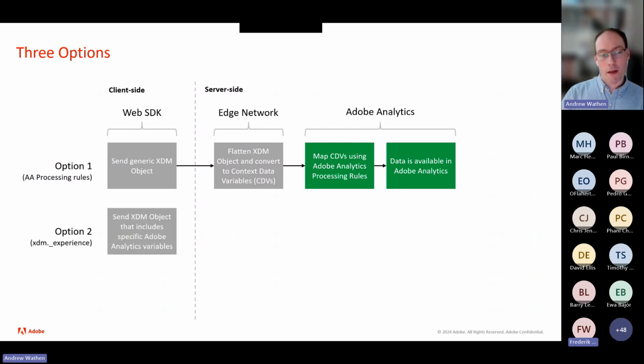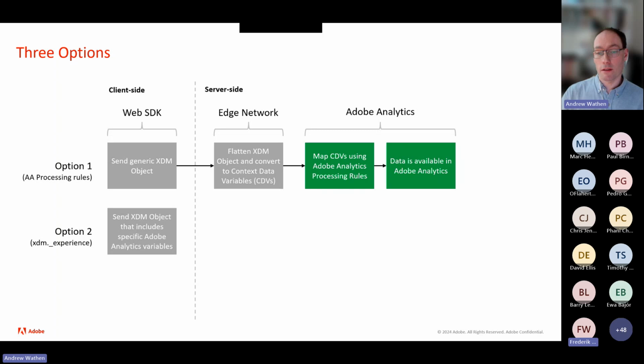Option two, so having listened to customer feedback, people wanted more ability to do stuff client side. So option two that they came out with is that experience object that I pointed out when we were looking at the XDM object. So that experience part of the object contains a number of things which are specific to Adobe Analytics.